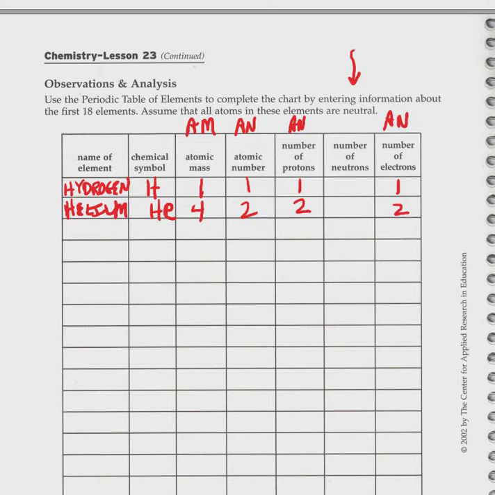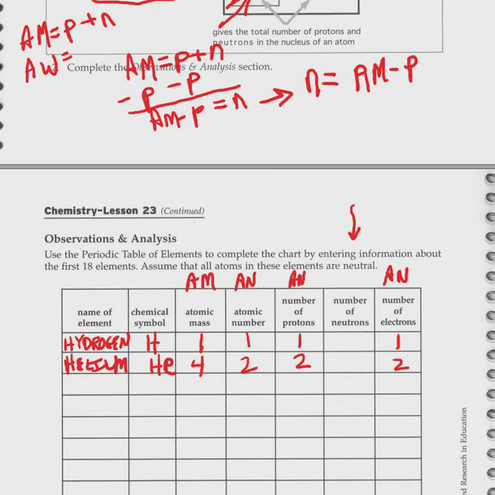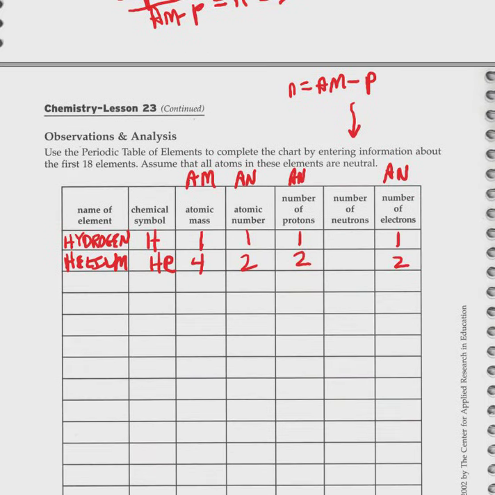We're going to go back to our formula that we reworked: neutrons equal atomic mass minus P. If we want to find the neutrons for hydrogen, we take the atomic mass, which is 1, minus how many protons I have.